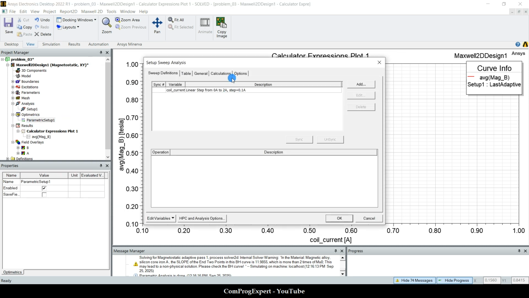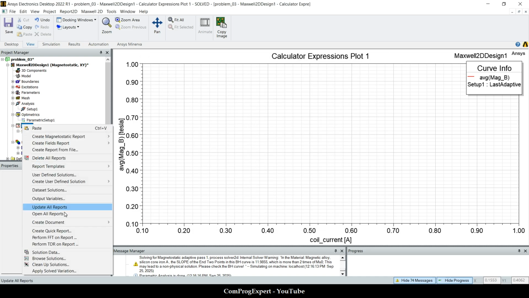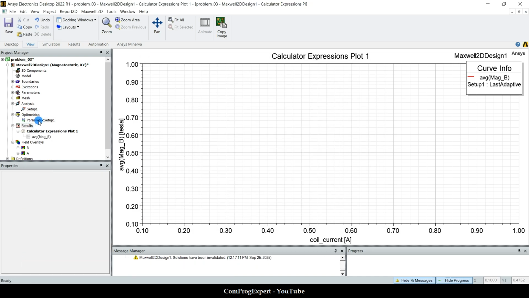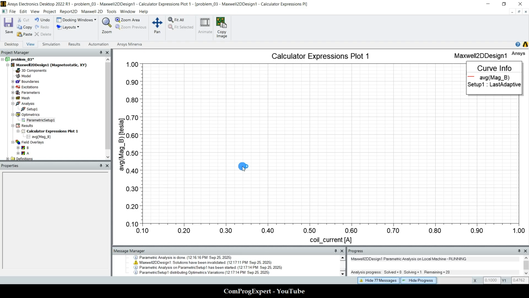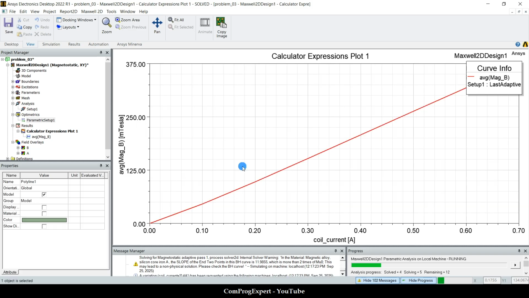Okay, I didn't save the field and mesh data, so I need to save for this post-processing. When we do post-processing on field quantities, we have to save the fields and mesh data for each simulation point, like this one. Because in this case, we are going to calculate the average value of the flux density in the air gap when we change the value of the coil current.